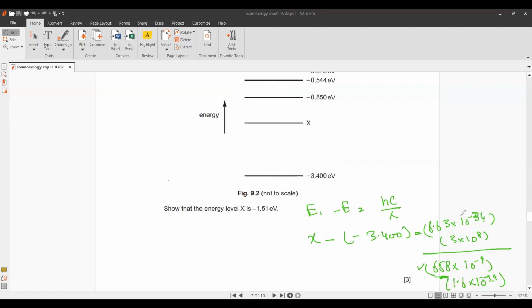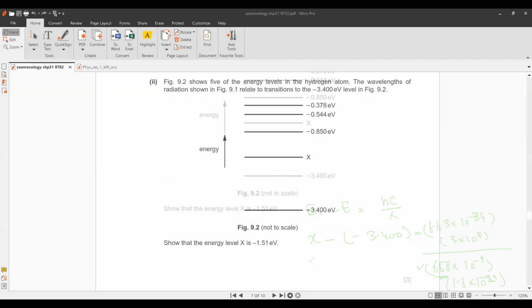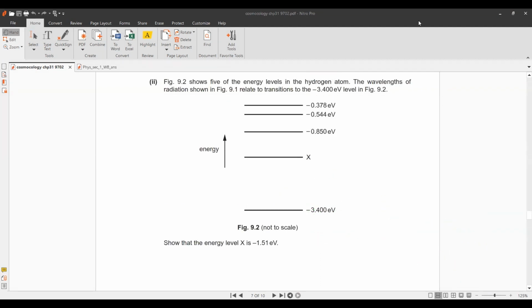Okay. What is 6.63 raised to minus 34 into 3 into 8 divided by 658 into raised to minus 9 into 1.6 into raised to minus 19? What will the answer be? So here from this diagram, we could clearly see, oh, where is the diagram?